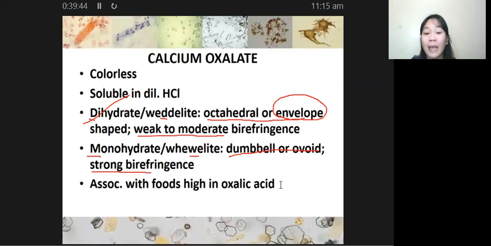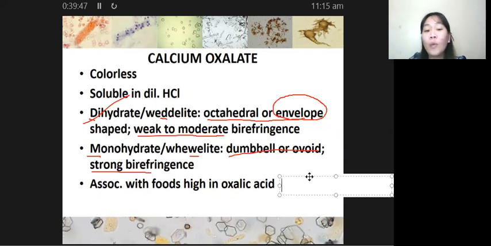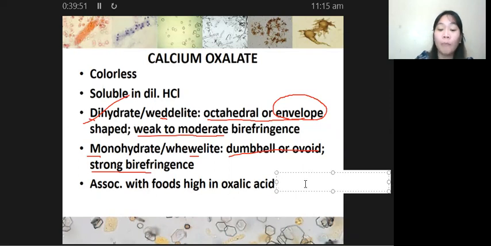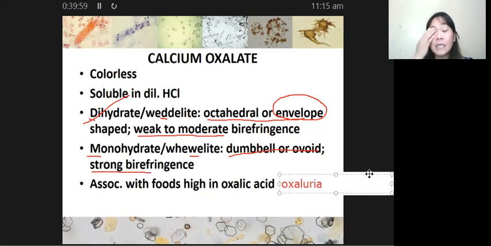So the appearance of calcium oxalate in urine has been associated with the ingestion of foods which are high in oxalic acid. When oxalic acid becomes present in your urine sample, this is referred to as oxaluria. Ibig sabihin, mataas yung oxalic acid na present doon sa ating urine sample.